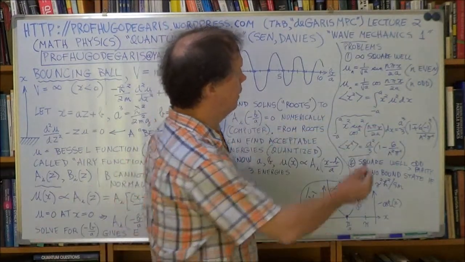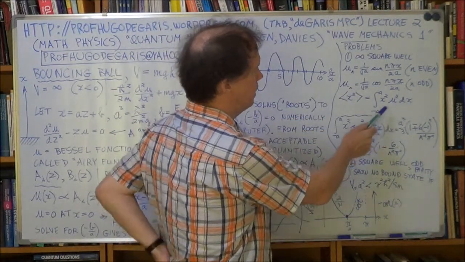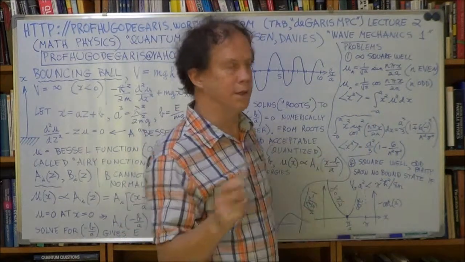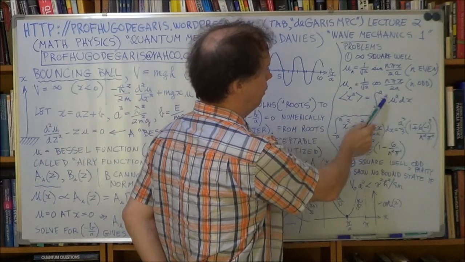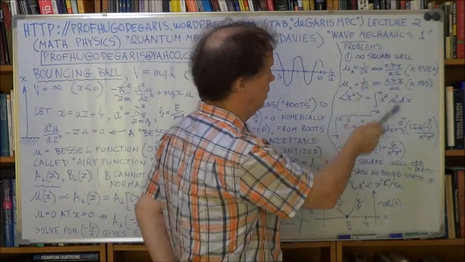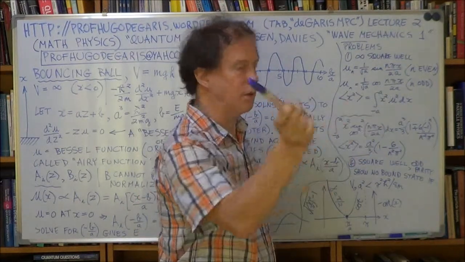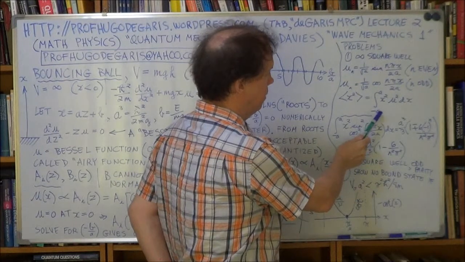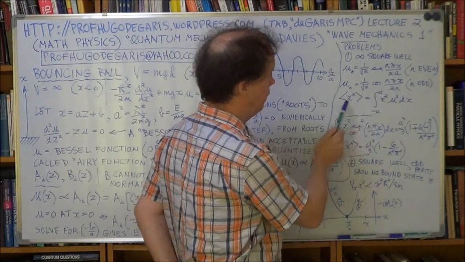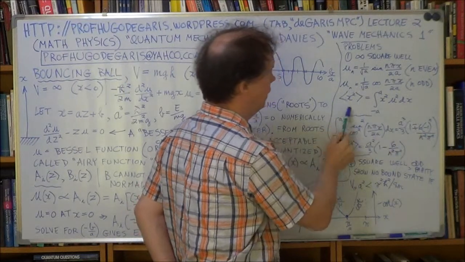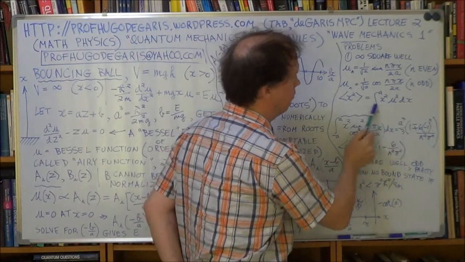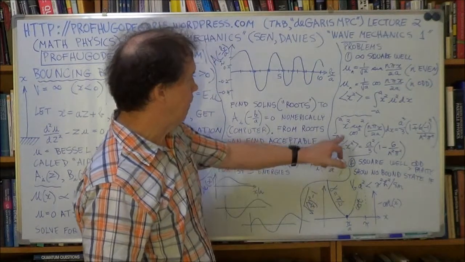Now u is nothing outside the limits minus a to a, so the minus infinity to infinity, the usual limits, well, u is 0 for most of that. So the limits become minus a and a. Right? So effectively, what we have to do is calculate what this is.